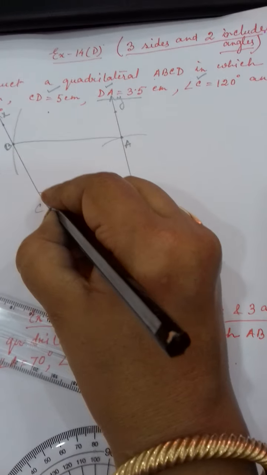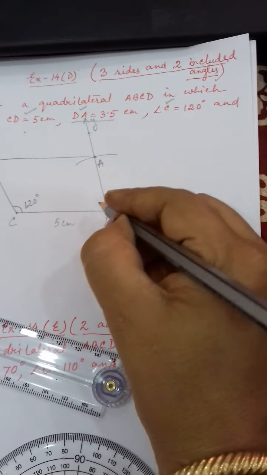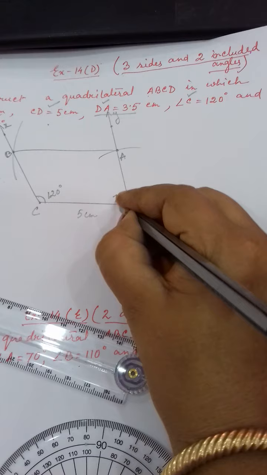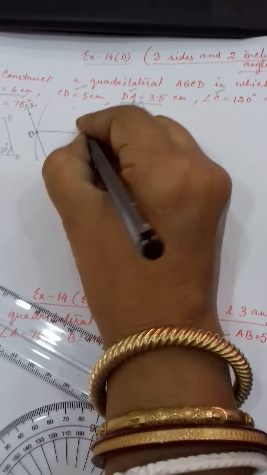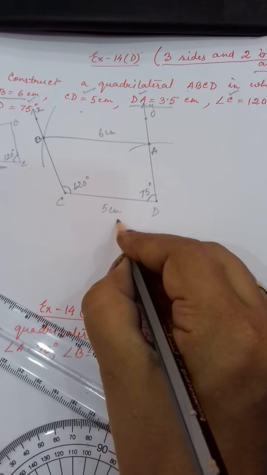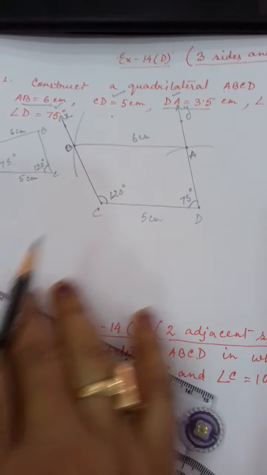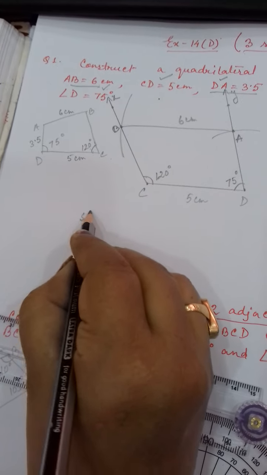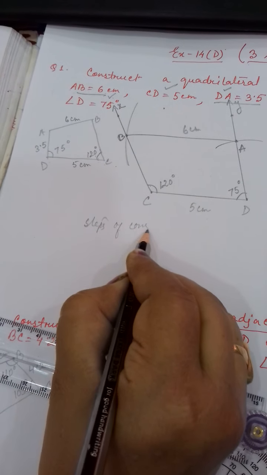The quadrilateral has been constructed. So now you write down the measurements: 120 degree, 75 degree, then side AB is 6 centimeter, and CD you have written 5 centimeter. Clear or not? Have you seen how you have constructed it? After that you will write down the steps of construction.